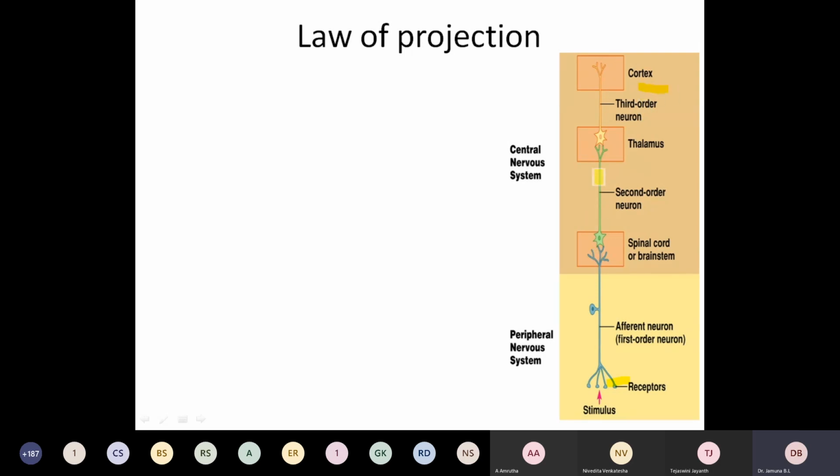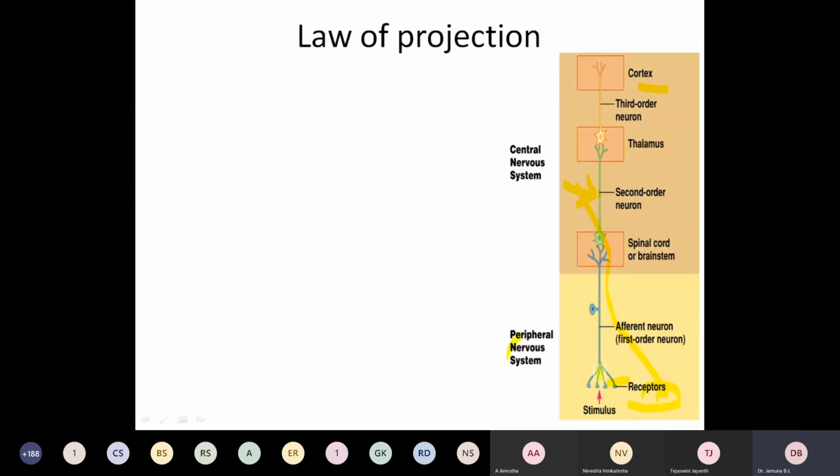Suppose this is a pathway which carries touch sensation. If I stimulate the pathway at this particular point, I will not feel the sensation here. I will feel it at the receptor level, where the receptor is situated, not at the point where I am stimulating. So it gets projected to the point where the receptor is situated. That is the law of projection.